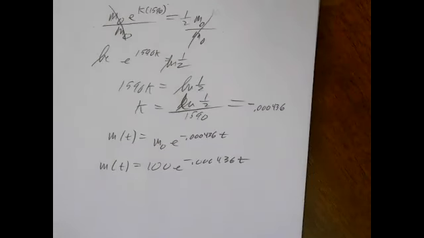Something else that we will deal with in an application setting are things that are either heating up or cooling down. The next law is called Newton's law of cooling, but it works also for things that are heating. It doesn't really change much if something's heating up versus cooling down.